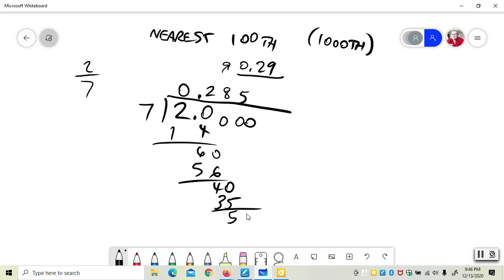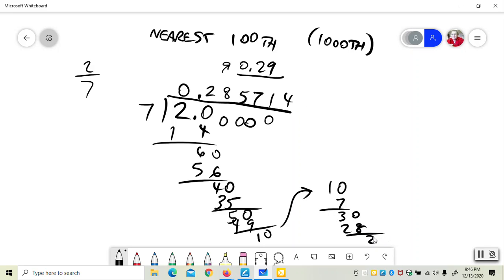Now, 7s are always kind of crazy. They go out about 6 digits or so before they repeat. I'm running out of room, so I've got 10. 7 times 1 is 7. 4 times 7 is 28. Then I finally come back to the 2, so it's going to repeat.